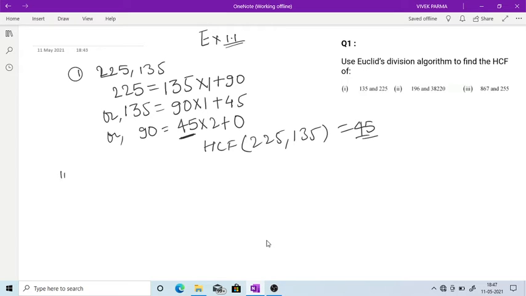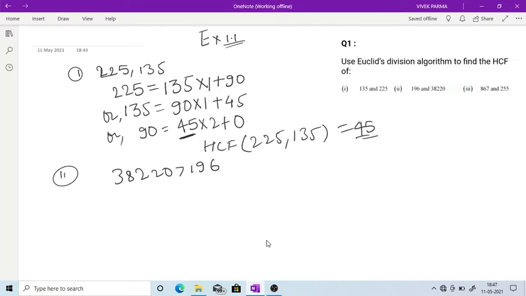See, the next question here is 38220 and 196. Here it is clear, 38220 is greater than 196, right? So we will apply Euclid's division algorithm to these numbers.